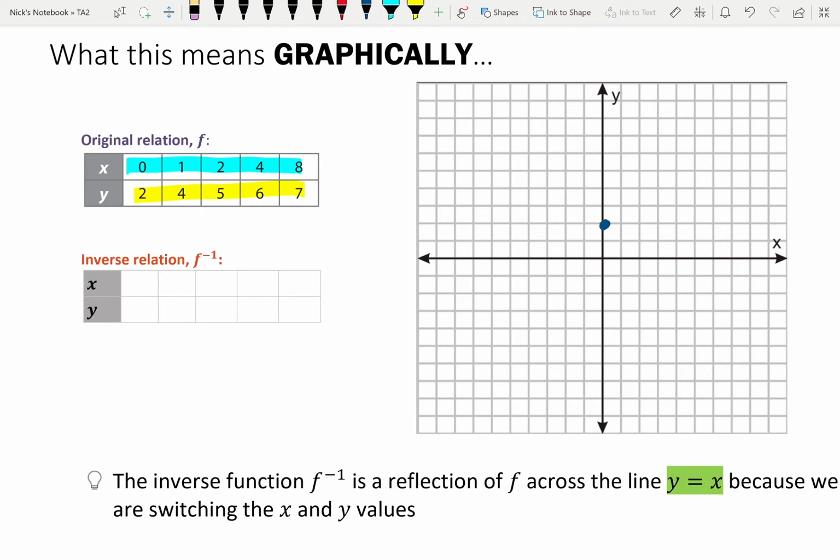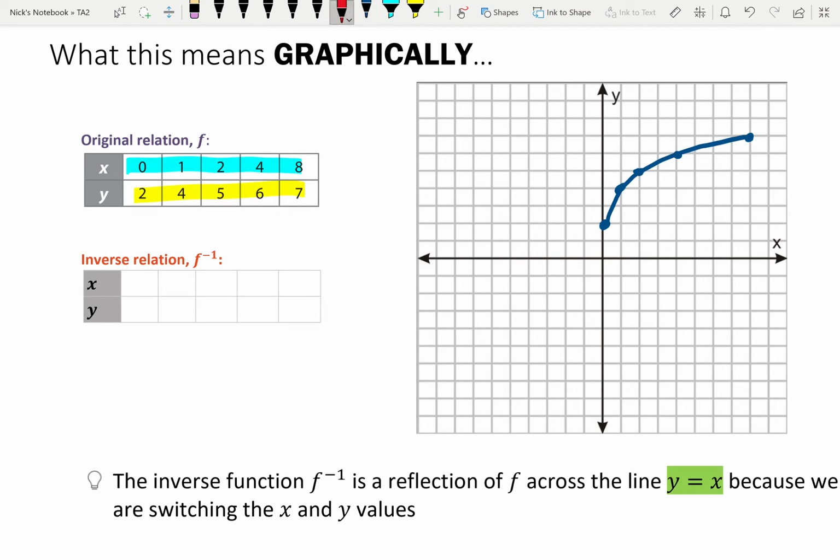Sorry, that's 1, 4, 2, 5, 4, 6, and then 8, 7. That's going to be up 1, 2, 3, 4, 5, 6, 7. Looks like it's right there. So I can graph these, or I can connect these, just to kind of visualize what the shape of this is going to look like.